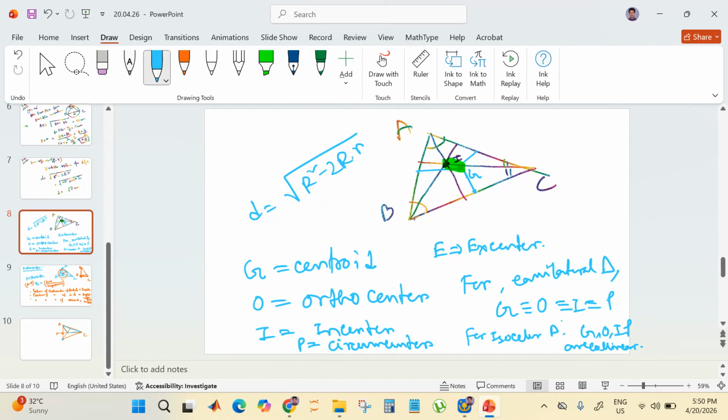Collinear means lying on the same line. So this is the second piece of information. These two pieces of information you also have to remember. The equilateral triangle has all 4 points at the same point, and for an isosceles triangle, these 4 points G, O, I, P are collinear.